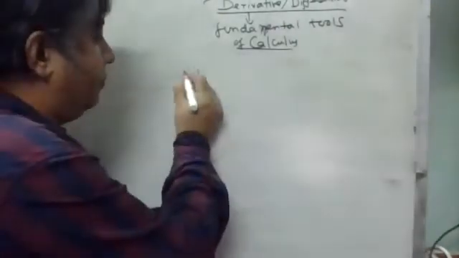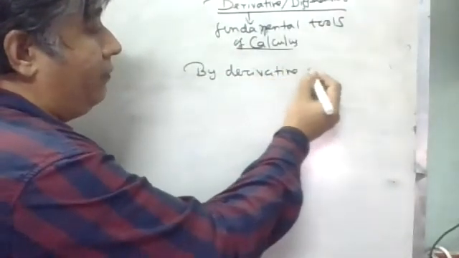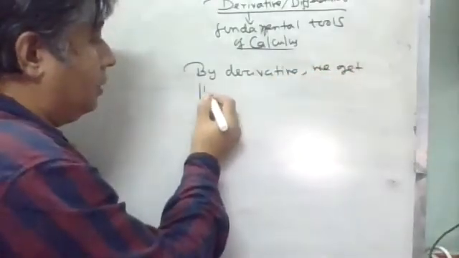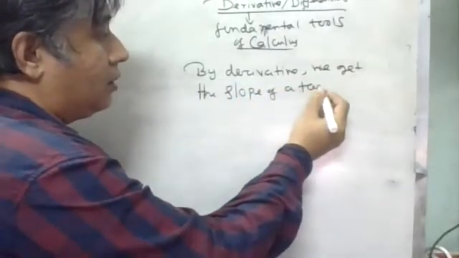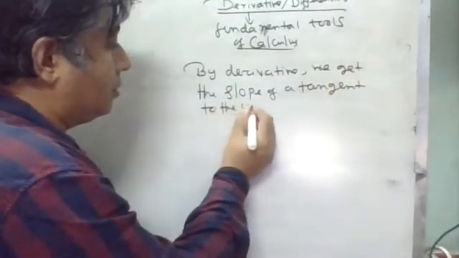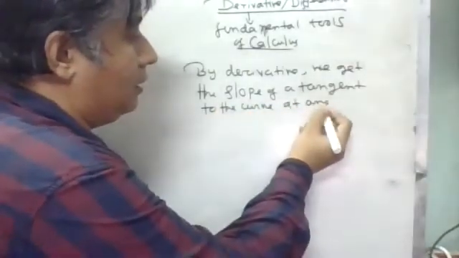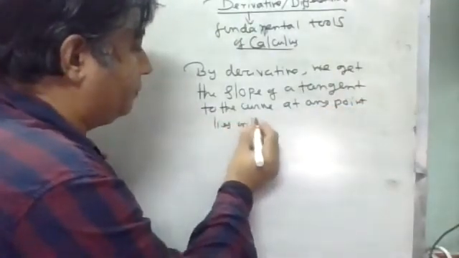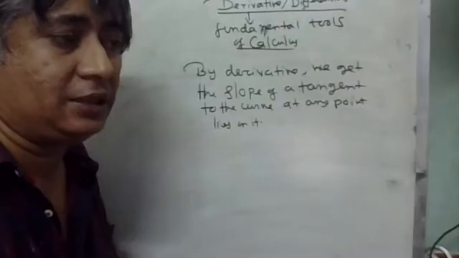By derivative, we get the slope of a tangent to the curve at any point that lies on it. So derivative gives us the slope of the tangent.